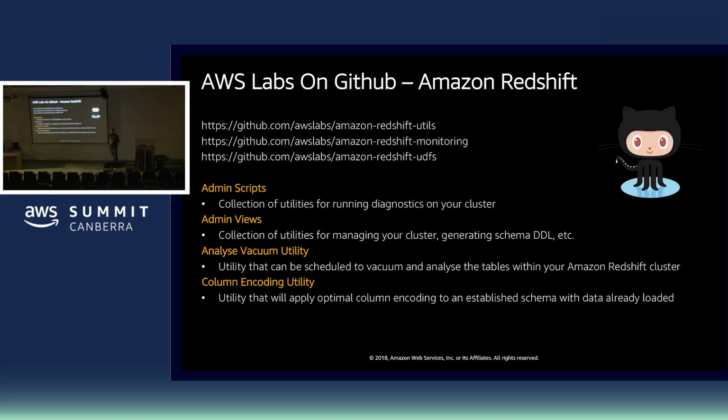There's a column encoding utility, which allows you to look at what encoding types are suitable for your table, drops the table, recreates the table, and copies the data back in. So it's a one-stop shop for improving your encoding for your tables. You don't have to do it regularly, but at least try to do it once a year, because your data patterns would have changed from the day you started. We would have introduced newer encoding algorithms, and that should help you run your Redshift cluster optimally.